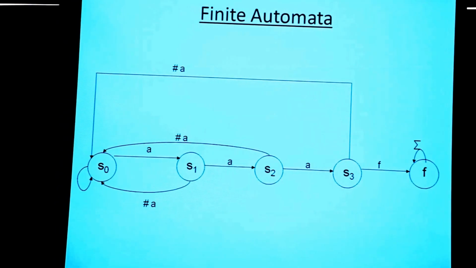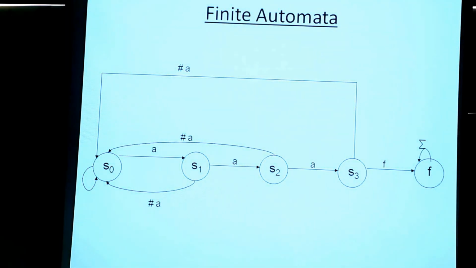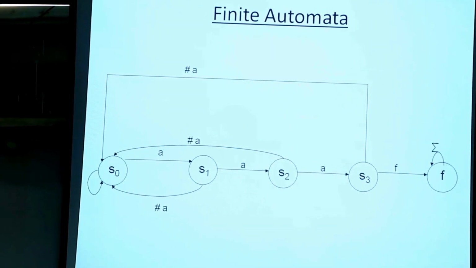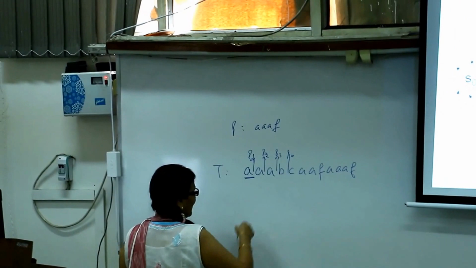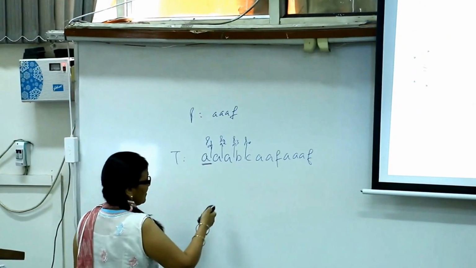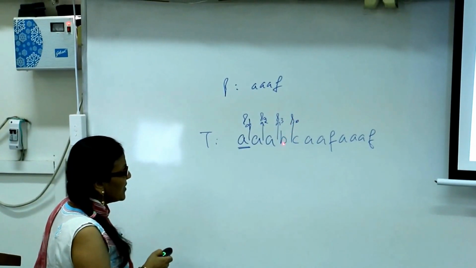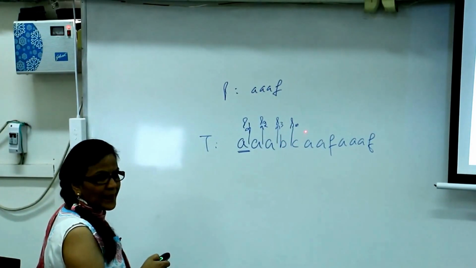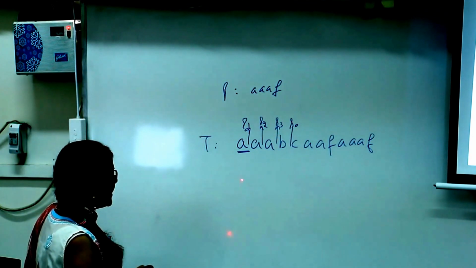If I had completed my search, then probably we would not have gotten into this. So this represents a failure. Now when we get a failure, we can slide our pattern on this.